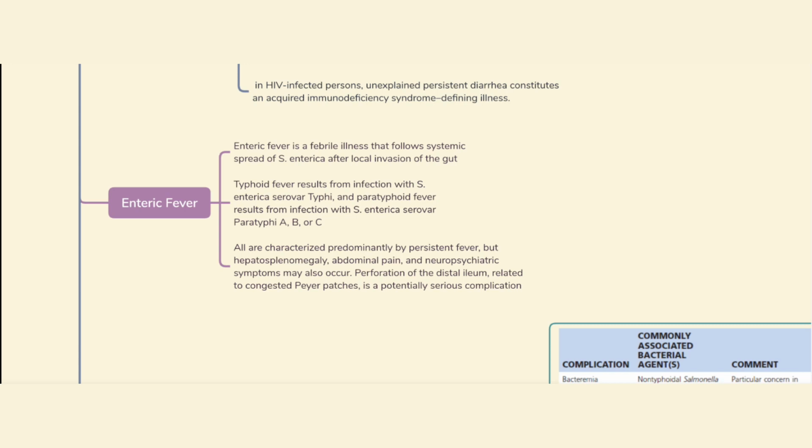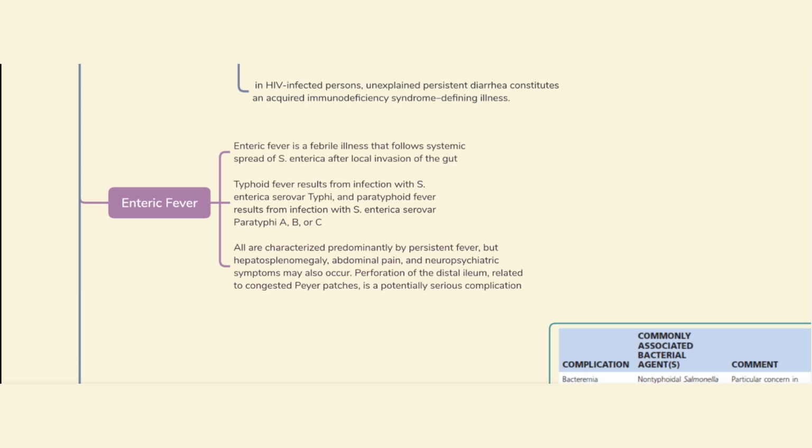Usually these bacteria, when they come into contact with our gut, invade it with minimal symptoms. Then they go into our bloodstream and colonize the lymphatic nodes of our GI tract. They can persist in the Peyer's patches, and they will cause systemic infection.